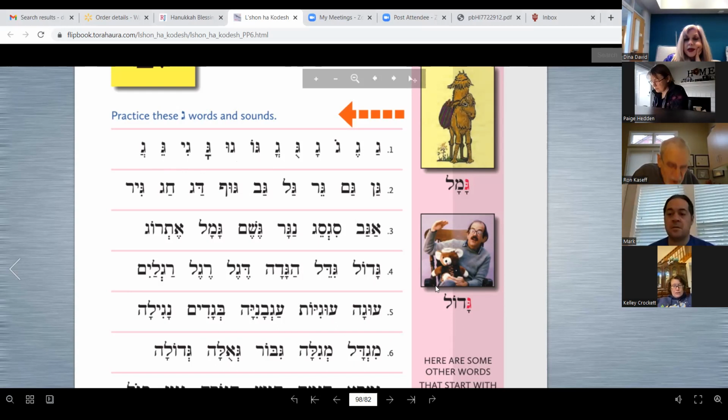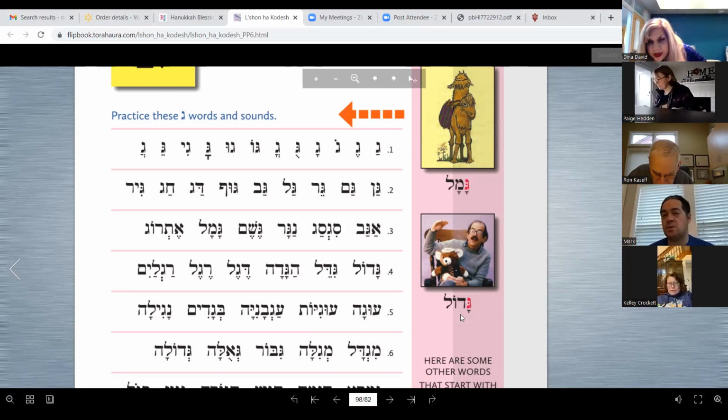Okay, so what does this word say here? Gadol. Gadol means big or large or great. So remember, on the dreidel, the letter gimel stands for gadol, which is great.